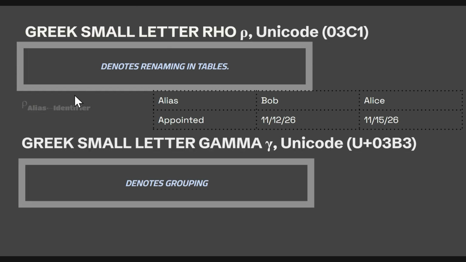For example, previously in the table, this column's name was denoted as identifier, but now it has been transferred to alias. Three small letter gammas are also mentioned, but this is a difference of notation. In higher order relational algebra, it denotes grouping.